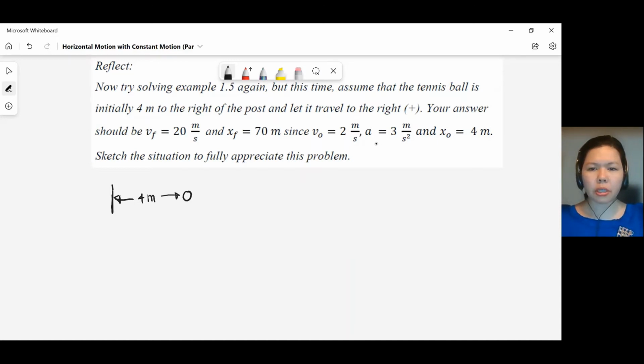And acceleration is also positive 3 meters per second squared, since the ball is accelerating, or it speeds up to the right. So its acceleration vector is the same as its direction of motion. X naught is 4 meters.